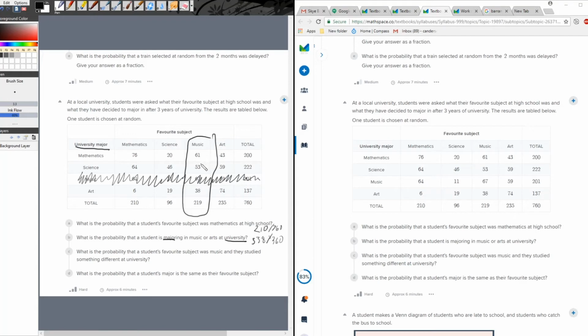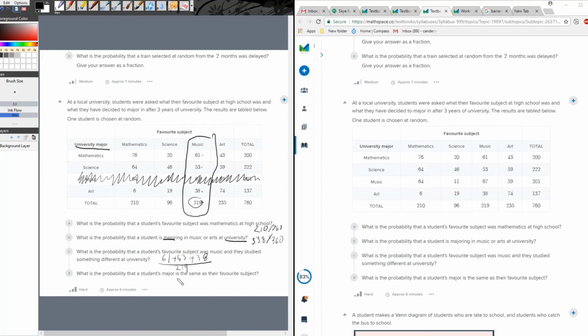So now we can see that we only want these numbers in here. So this here is our total. So we want to have these three numbers divided by that one because we're only interested in the students who did. So this one would be 61 plus 53 plus 38 over 219.